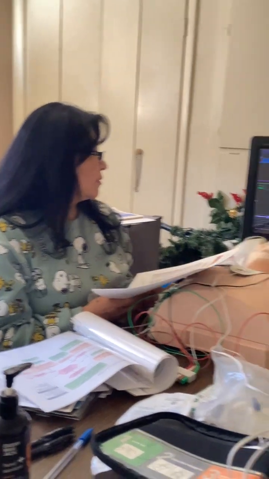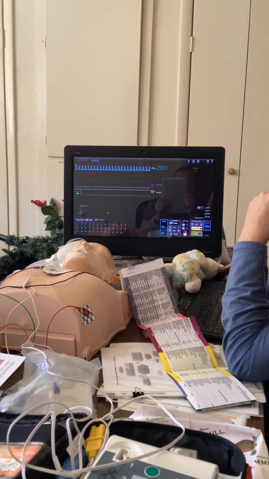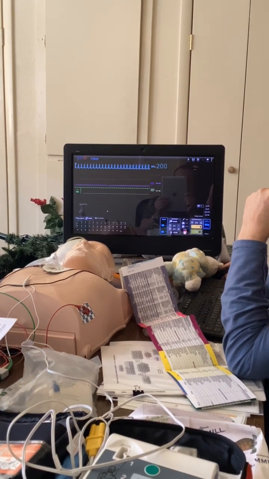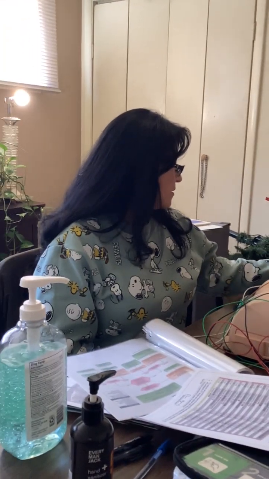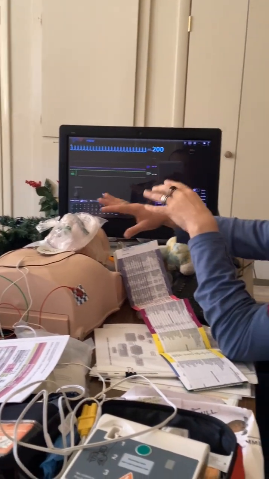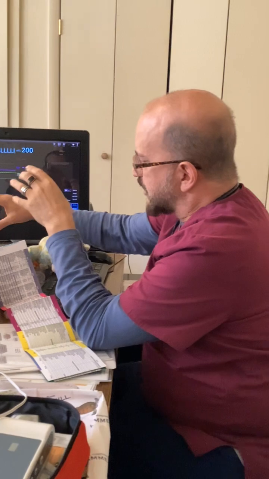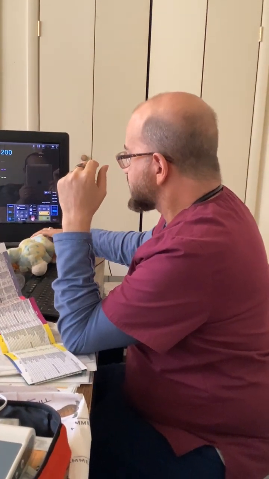Okay. So what if his SATs had dropped to 90%? I would consider supplemental oxygen. Let's just say you're trying to put nasal prongs on. If they're not doing so well and decompensating, but still breathing, a non-rebreather mask.